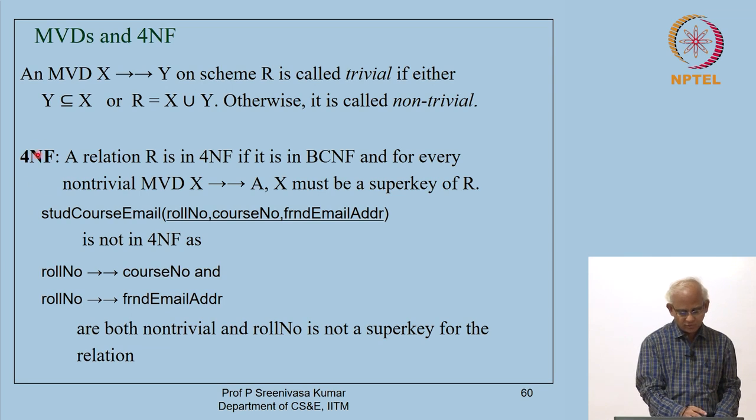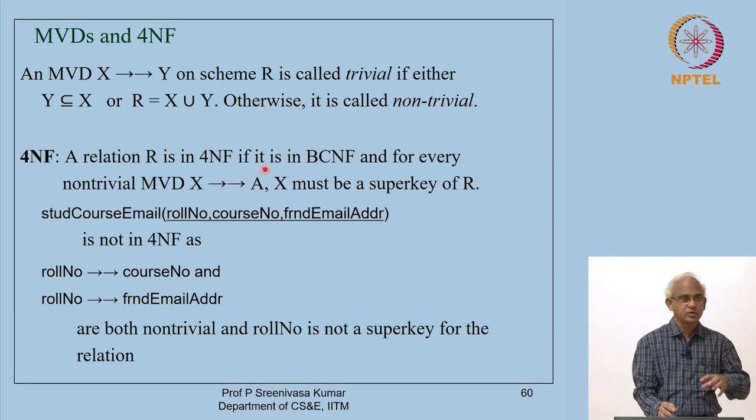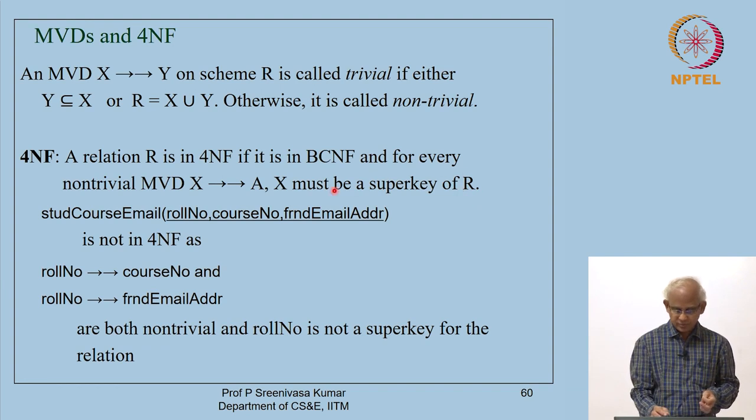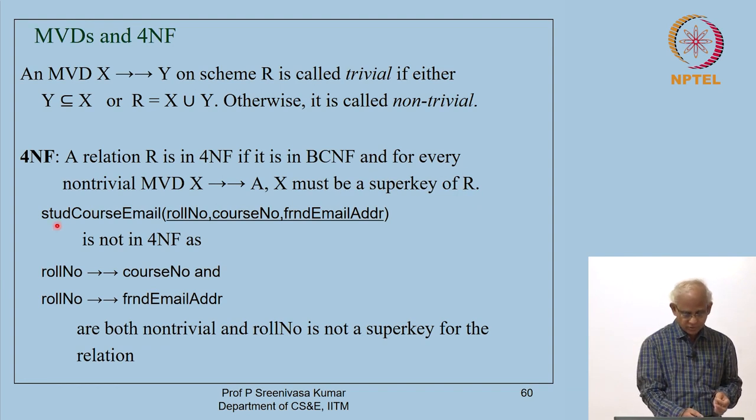Okay. So, a relation scheme is in fourth normal form if it is in Boyce-Codd normal form, and for every non-trivial MVD X multi-determines A, X must be a super key of R. Now, this student, course, friend email address relation is not in fourth normal form, because roll number multi-determines course and roll number is not a super key.